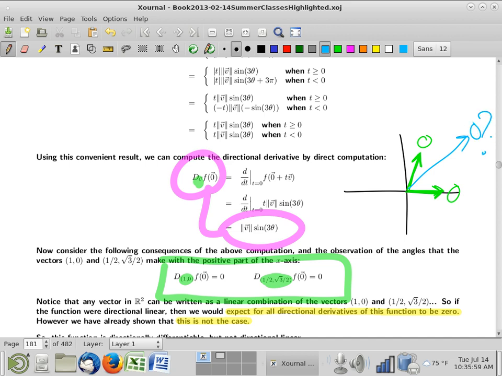But they aren't. That function is 0 sometimes, but it's not 0 always. So there's just no way that this function could possibly be directional linear.